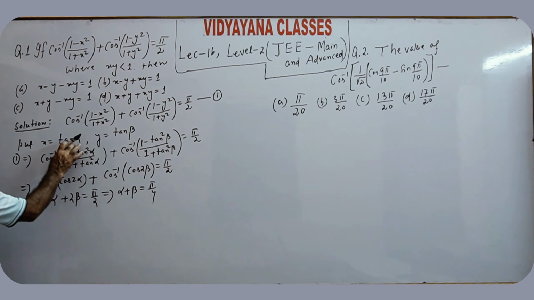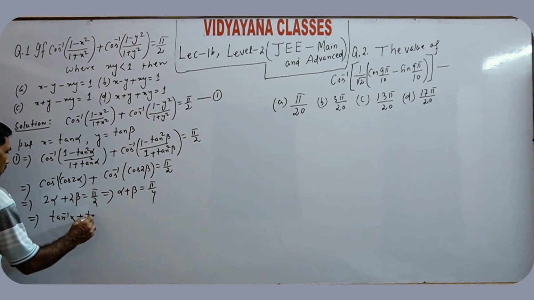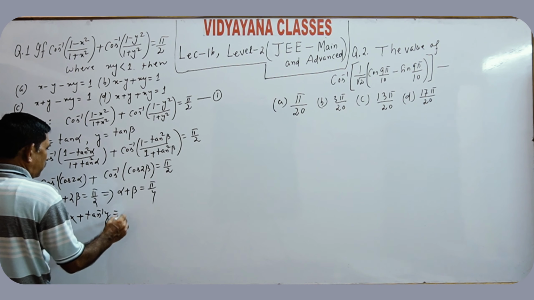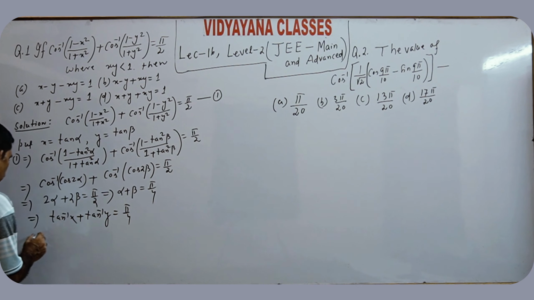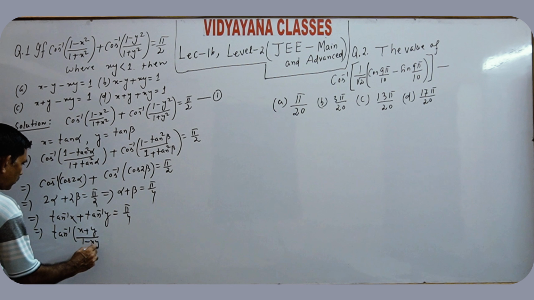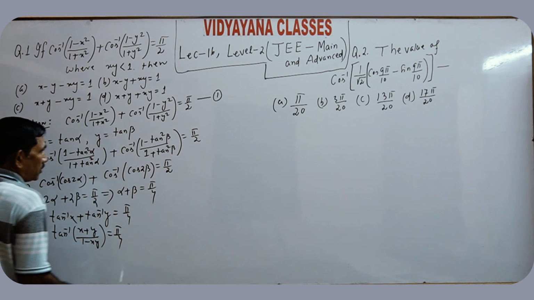What is alpha? Alpha is equal to tan inverse x, beta is equal to tan inverse y. Alpha plus beta is equal to pi by 4, which implies tan inverse x plus tan inverse y is equal to pi by 4.